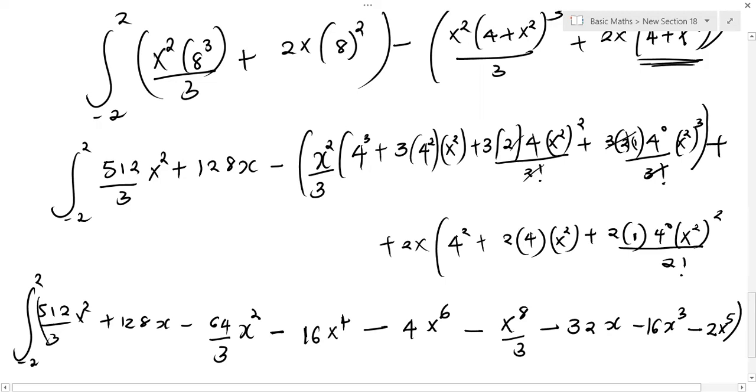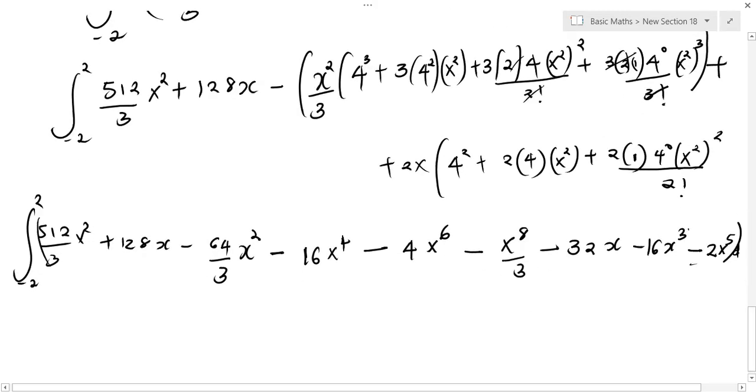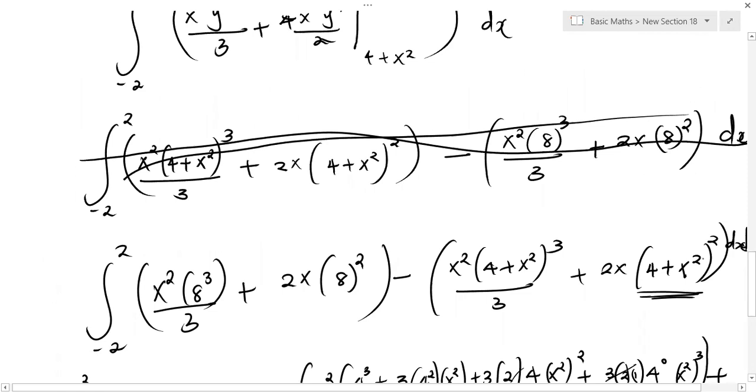So now we're going to integrate with respect to x finally. So we have dx over here.